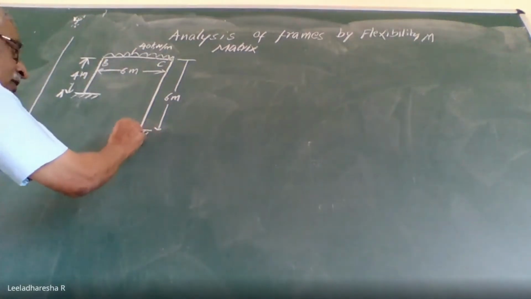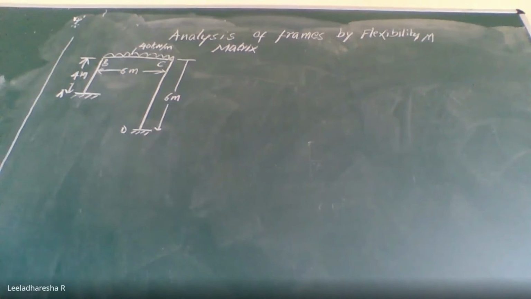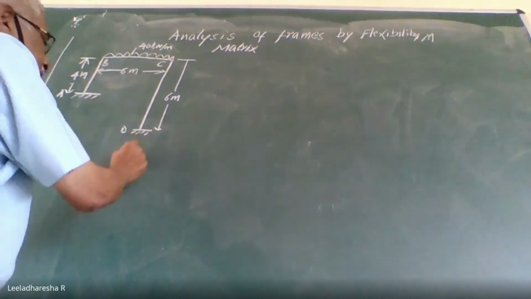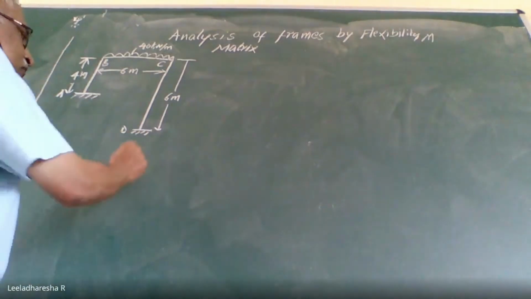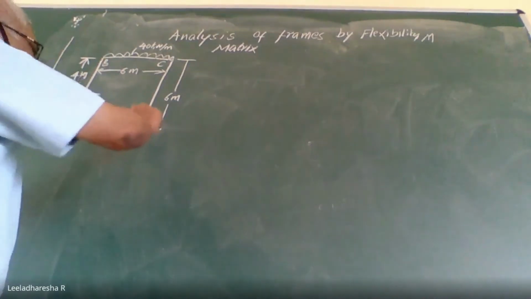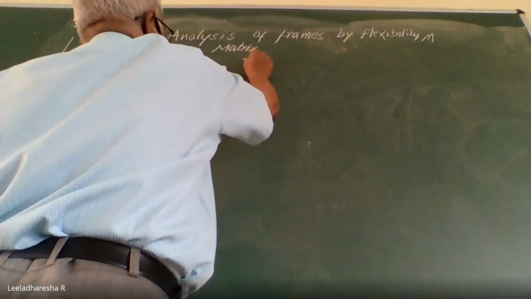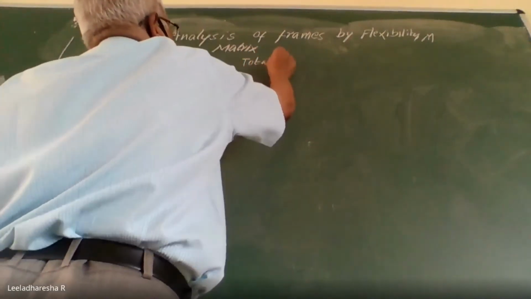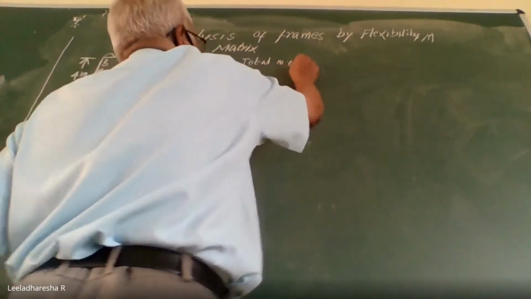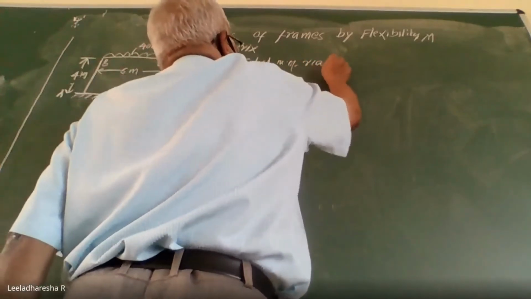Similarly, D is also a fixed support. Therefore, there will be three reactions: VD, HD, and MD. So, the total number of unknown reaction components is equal to 6.